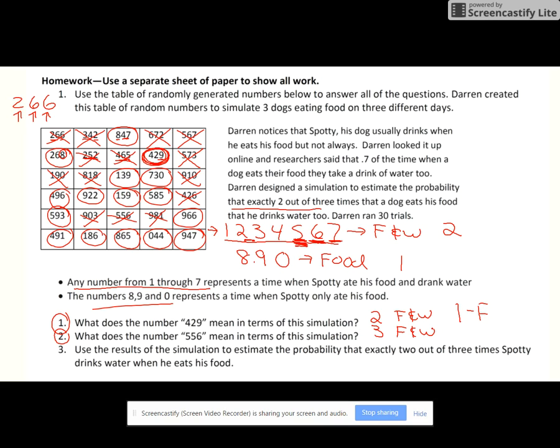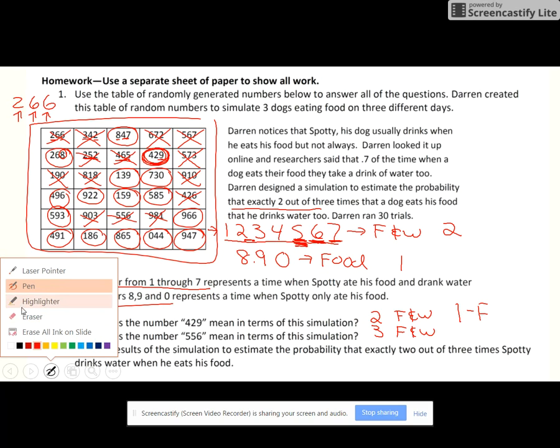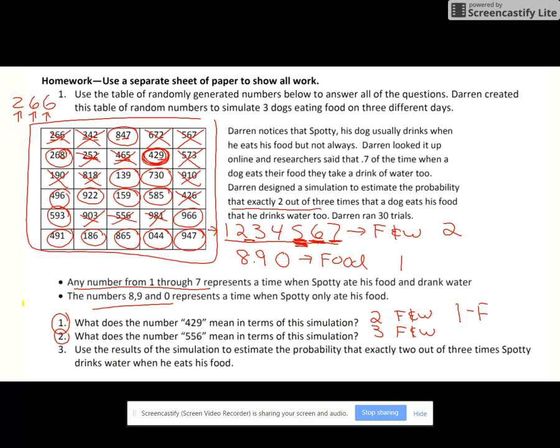And finally, the last question says, use the results of the simulation to estimate the probability of exactly 2 out of 3. Well, that's what we just did. Up here, we found out how many there were. So we're going to now use that to figure out the probability. It's pretty simple. We're just going to go in and count how many there were. So let me change the pen here. We're going to count how many had food and water twice.